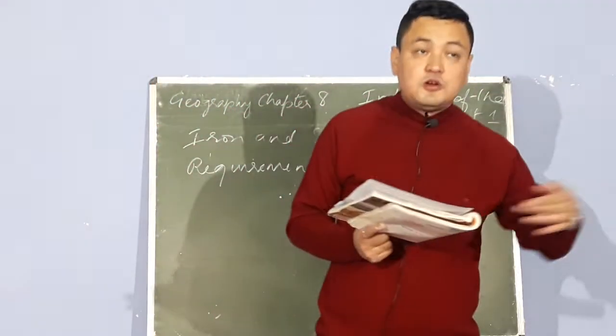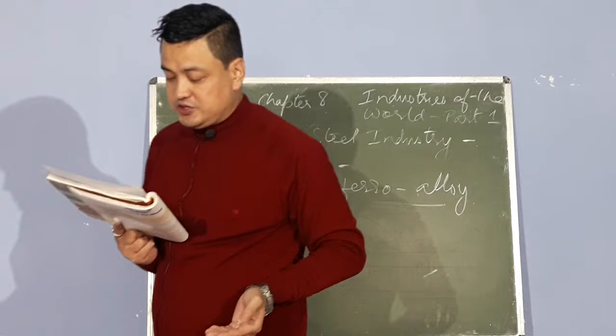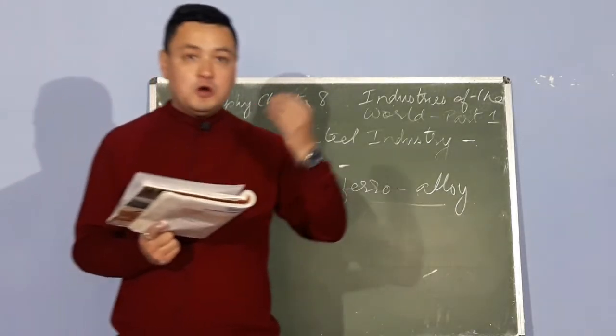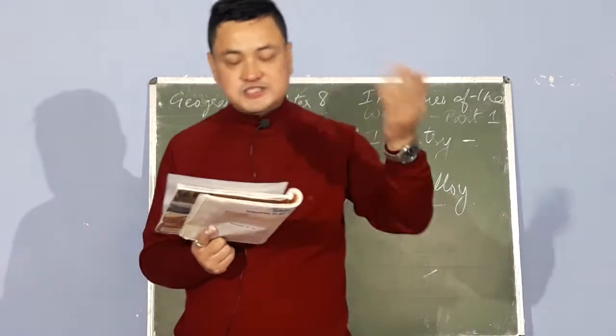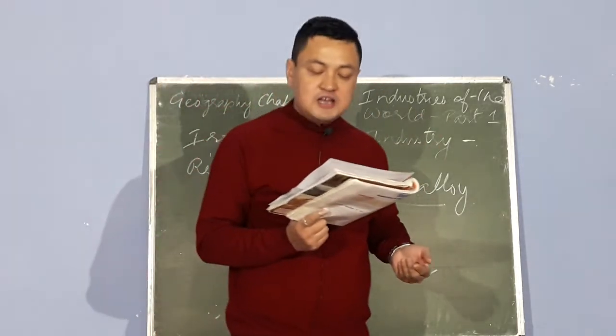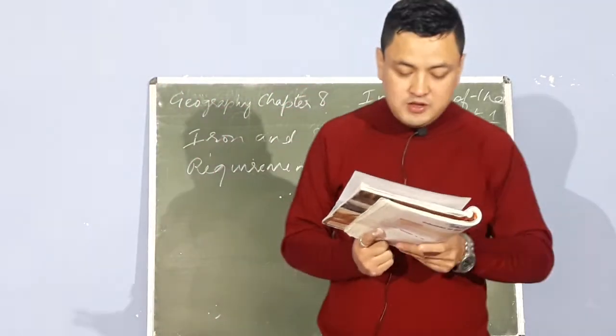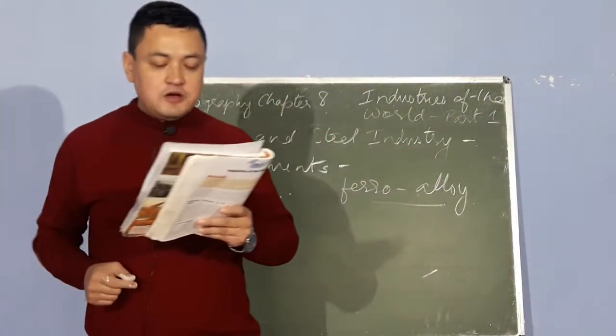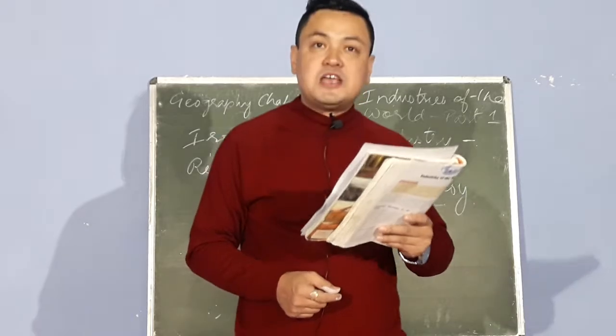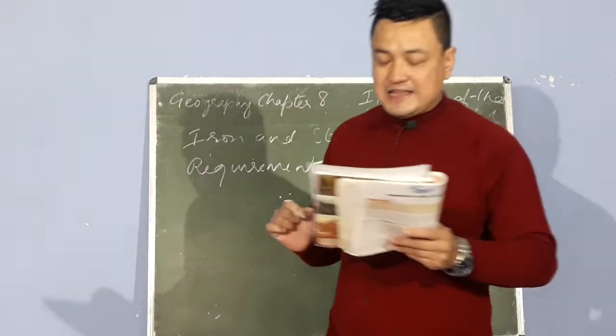Now we are talking about distribution of iron and steel industry. The main producers in the world. So in the world, the main producers are China, Japan, the third is India, USA, Russia, South Korea, and Germany. Pittsburgh in USA and Ruhr Valley of Germany are the major world centers of iron and steel industries.